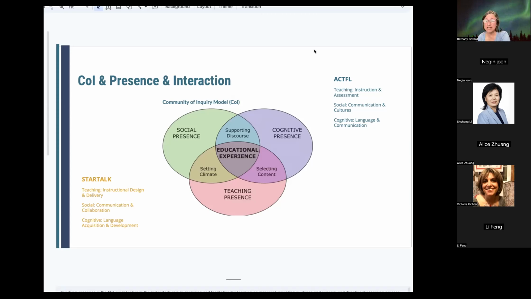Also things like setting the climate, by the policies you put in place, by the way you insist that students interact with each other, the type of materials you choose to include. All of this sets the tone of the classroom. And so any of those things that you would normally do, if you involve your students in them and encourage them to help you do those things, then that's all a part of teaching presence.